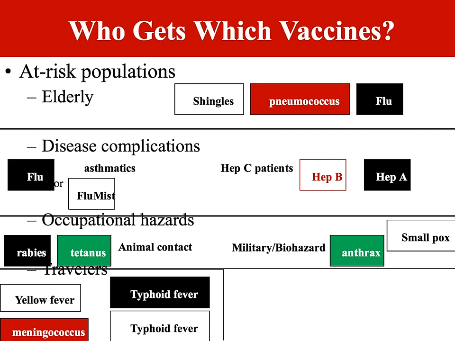The next group to mention are travelers. The immunizations you typically see recommended for travelers, depending on where they're going in the world, would be yellow fever, meningococcus, and typhoid.